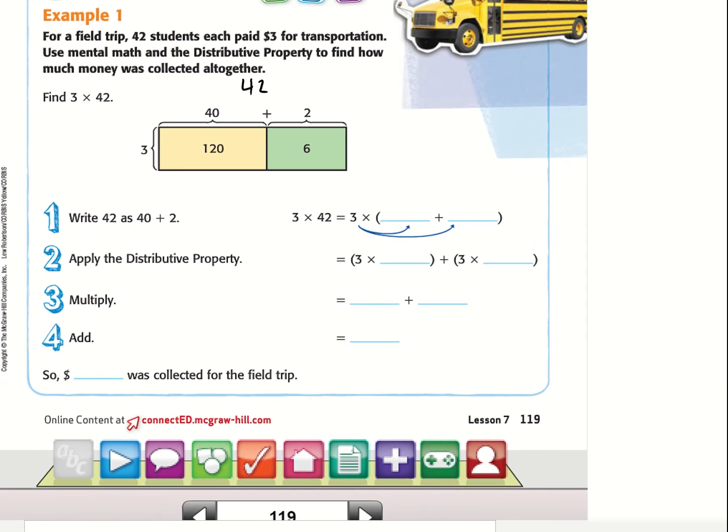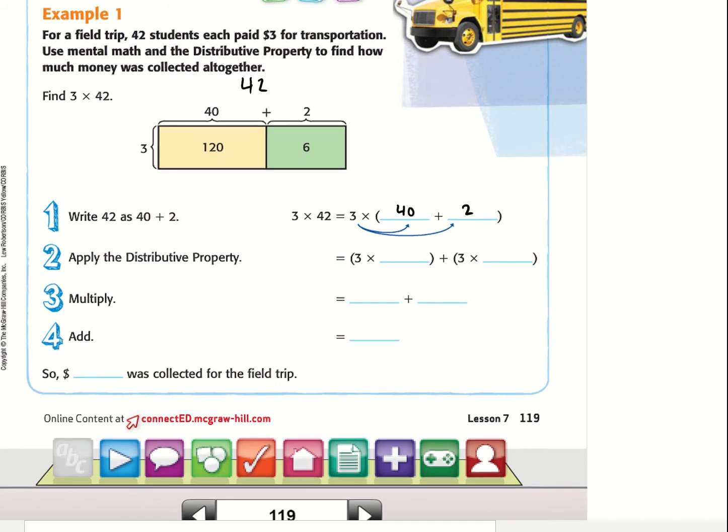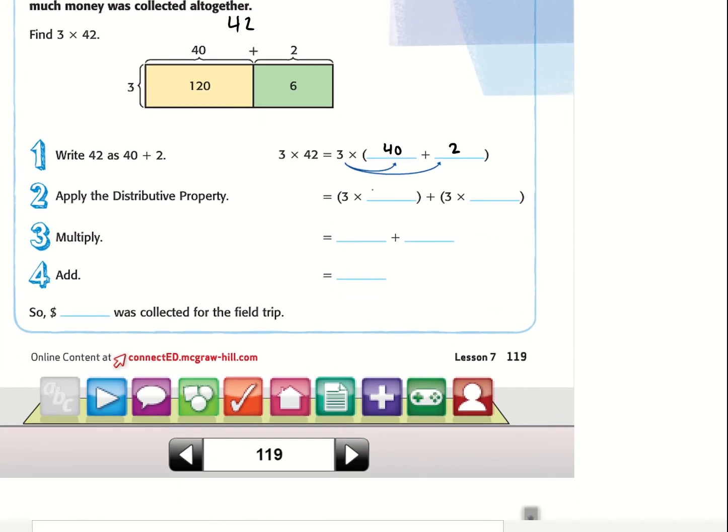So when we rewrite this, we're going to do 3 times 42 equals 3 times 40 plus 2, because we know 40 plus 2 is 42. So we're going to distribute the 3, so now it's 3 times 40, and then that's in parentheses plus 3 times 2, and that's in parentheses.